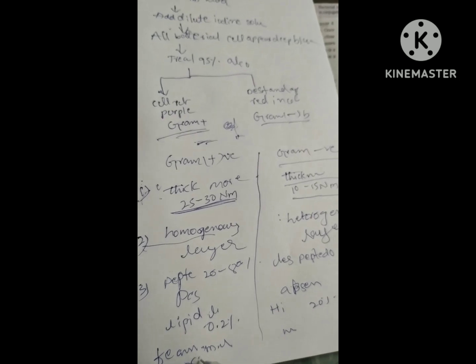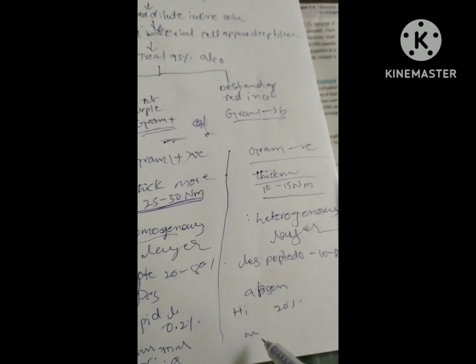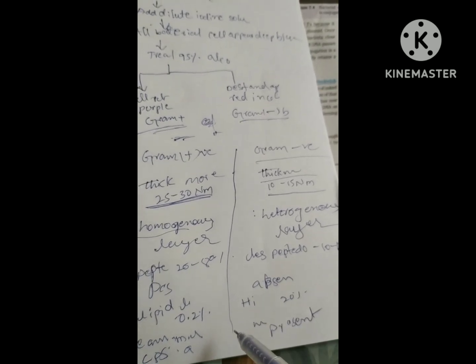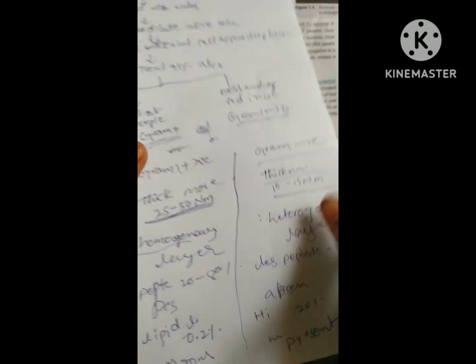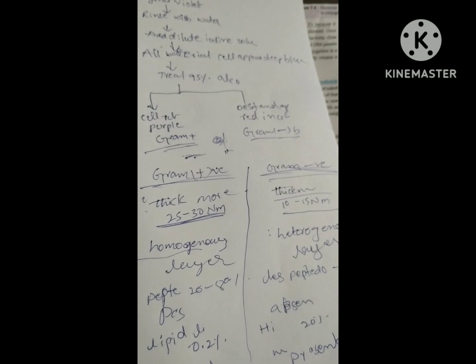The LPS, lipopolysaccharide layer, is absent in gram positive bacteria and present in gram negative bacteria. These are the differences between gram positive and gram negative. Okay, let us move forward.